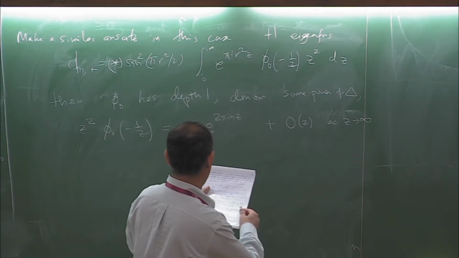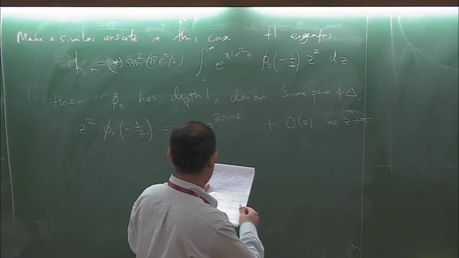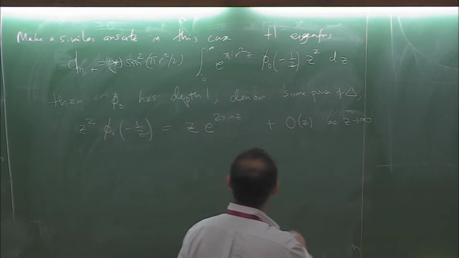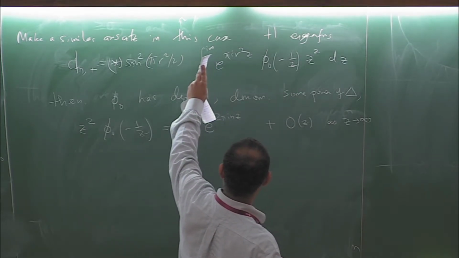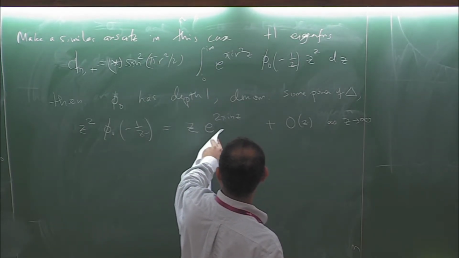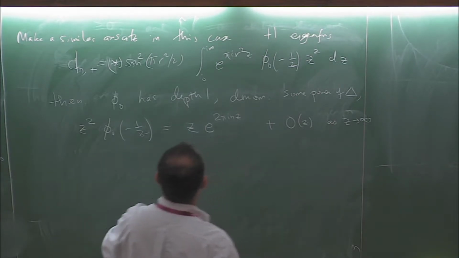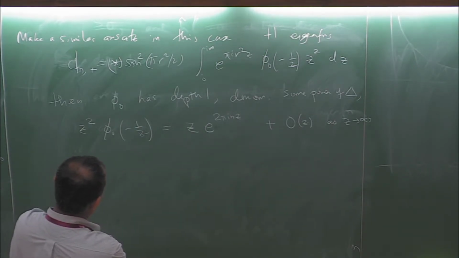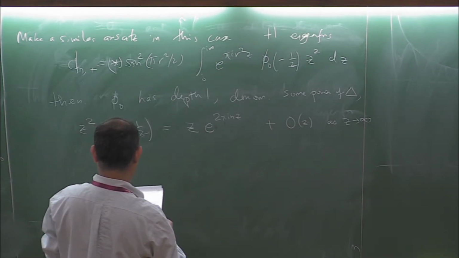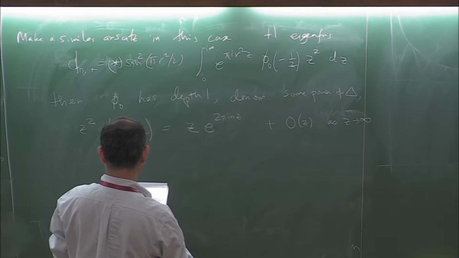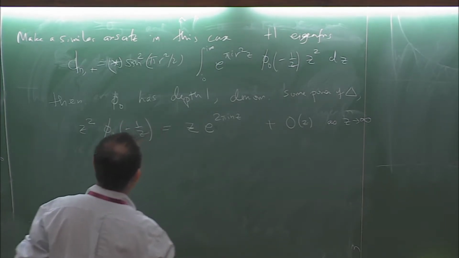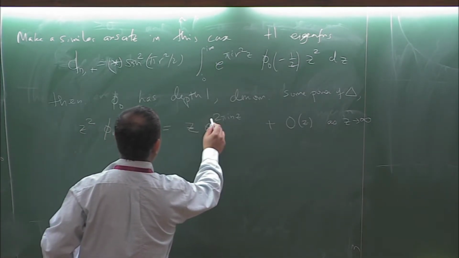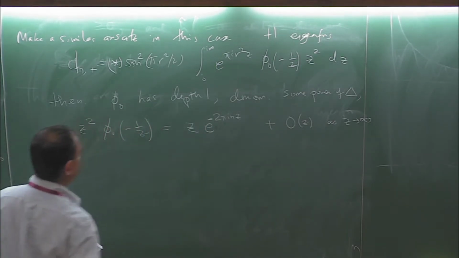Oh, maybe this is a minus. Here you're going to get r squared minus 2n. I think maybe you want a minus.